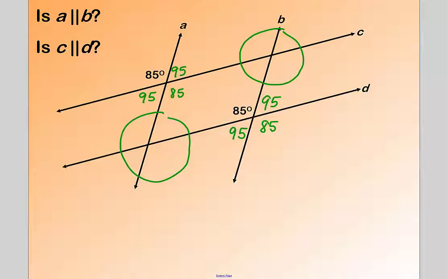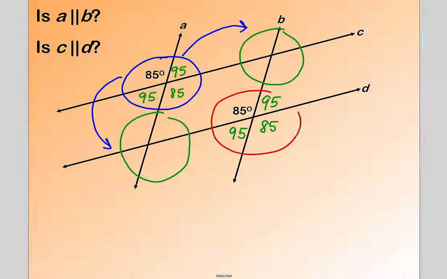That's because they do not tell me that A is parallel to B or C is parallel to D. In order for them to be parallel, this set of 4 has to match with this set of 4, or this set of 4, depending which line you're trying to prove parallel. I don't have that. I could also use this set of 4 and see if they are parallel or the same as that set of 4 and this set of 4, but again, I do not have this. So I don't know that any of these lines are parallel.